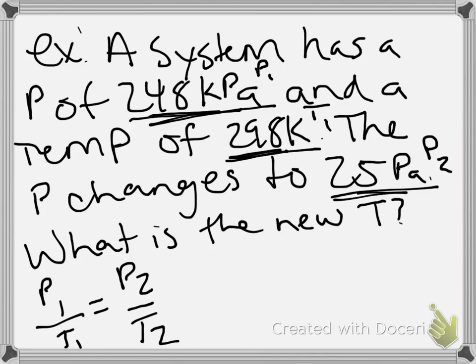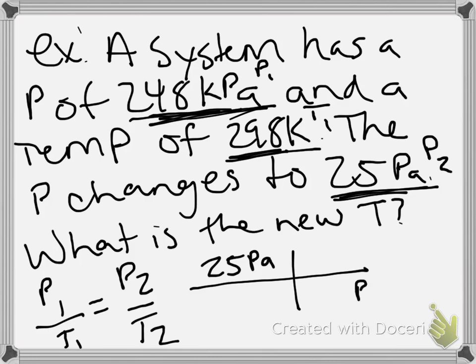But notice that your pressure readings do not match up. You have kPa and Pa. So you have to convert one or the other. It doesn't matter. I'm going to convert the 25 to kPa. So I'm going to go from Pa to kPa. Kilo means 1,000. There are 1,000 bases in 1. So 25 divided by 1,000 is 0.025 kPa.